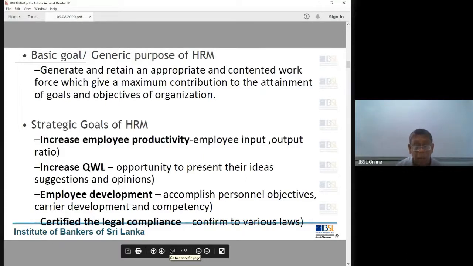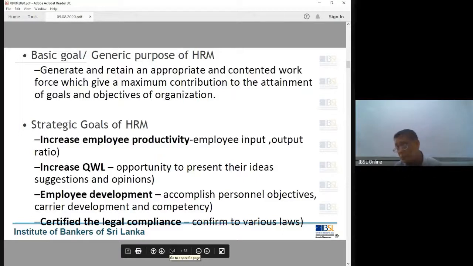So the HRM goal is legal compliance. That means conforming to the various laws prevailing in Sri Lanka as far as HR laws are concerned. So what do you mean by that?